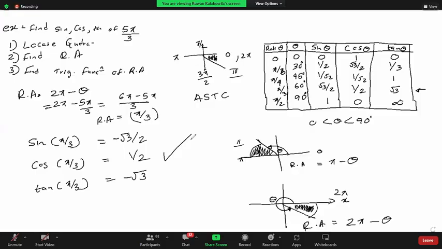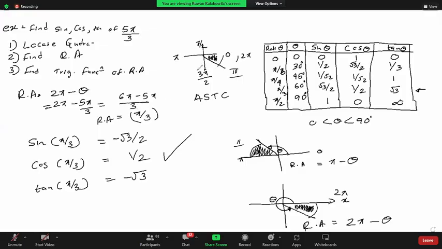Right? So what we did here: if we have an angle like this, greater than 90 degrees, or greater than π over 2, and we have to find the sine, cos, or tan value, it is very easy to do using the reference angle.